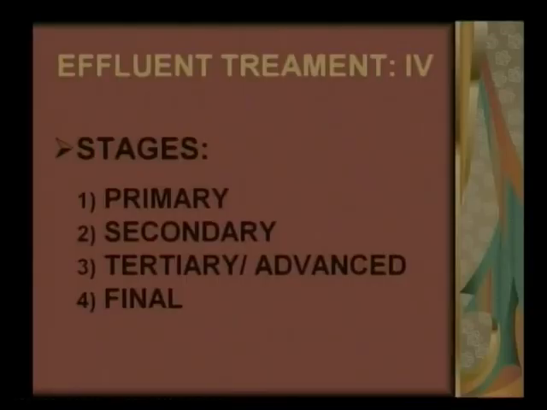In the final treatment, disinfection of the liquid effluent is done using either chlorine gas or ozone gas, whereby any pathogens present are destroyed. Then finally you carry out a post aeration process, and at the end of that you decrease the BOD level of the liquid effluent.